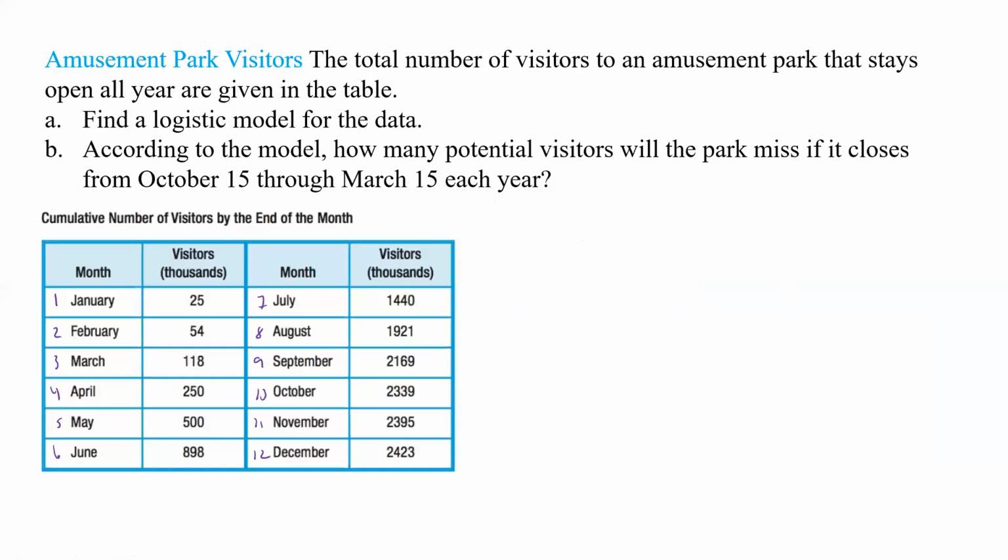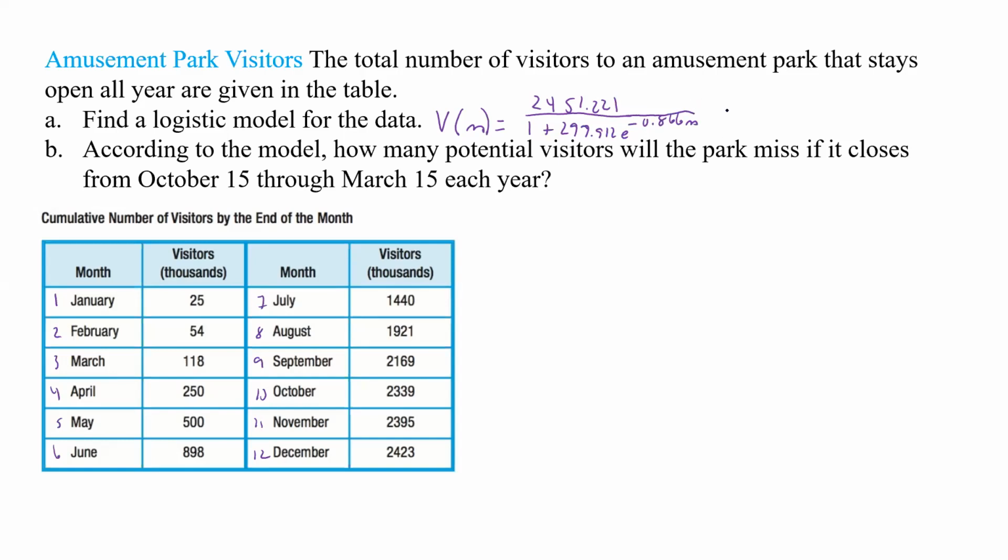All right, so the logistic model. Let's say the number of visitors in thousands for the month, let's call that M, is going to be equal to 2451.221 over 1 plus 299.912 e to the minus 0.866 M, since we're using M here.